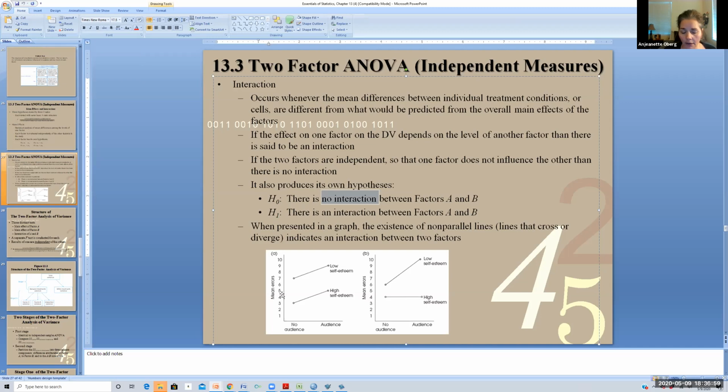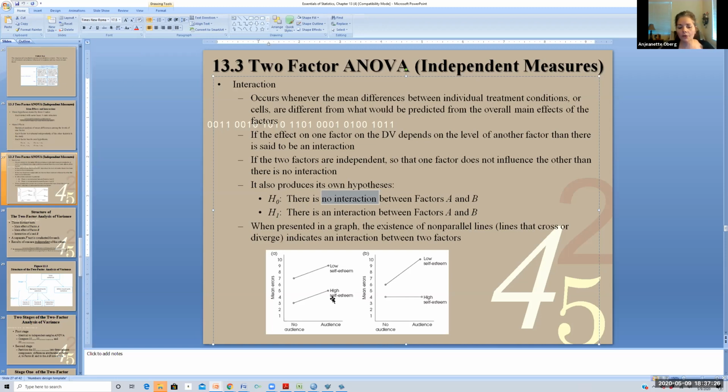It's not measuring their score. So what it's showing is they made fewer errors, both groups, whether you had low or high, in the no audience condition, and both groups made more errors in the audience condition. So what we want to know is, is there a significant difference in the overall means between low and high for our main effect?